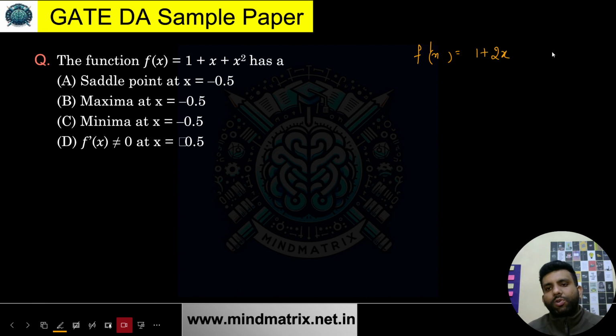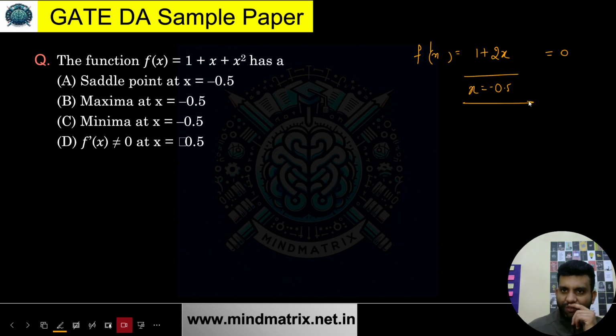If I put it to be 0, then what do I get? x equals minus 1 by 2, which is minus 0.5. So at x equals minus 0.5, your f dash x is 0.